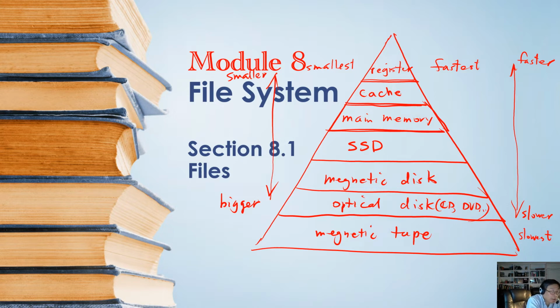Now in Module 8, we're going to talk about the file system, the part of the operating system that manages the storage space below the main memory.